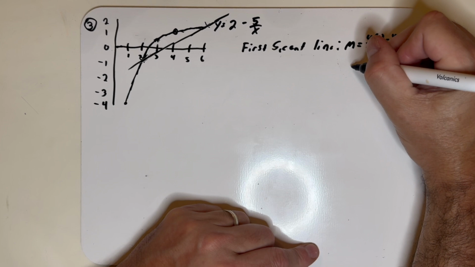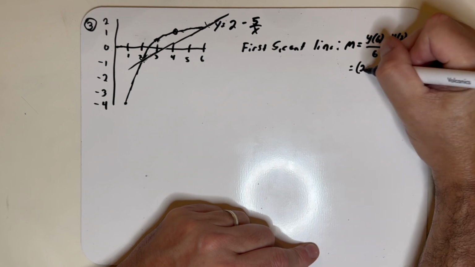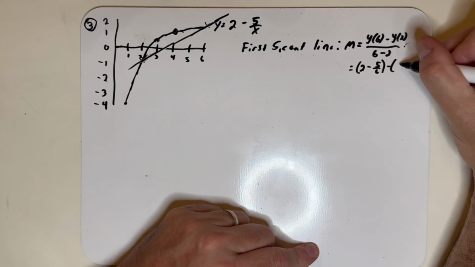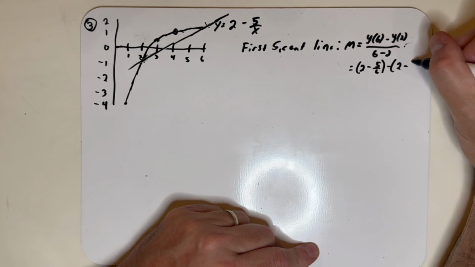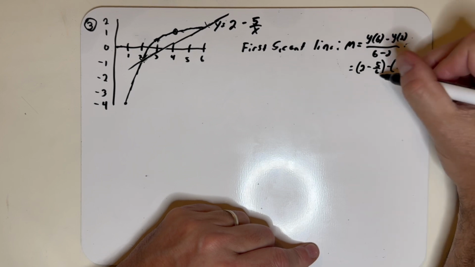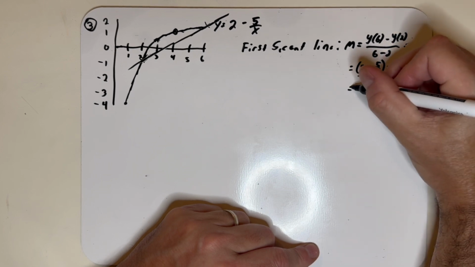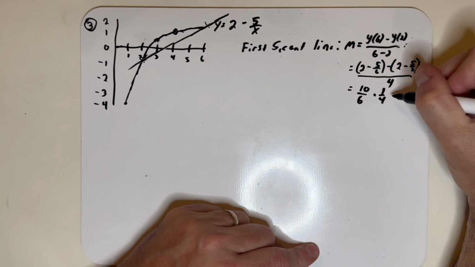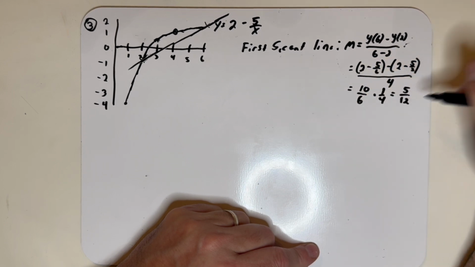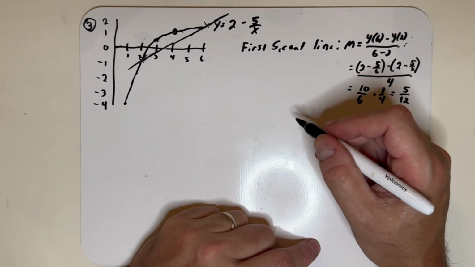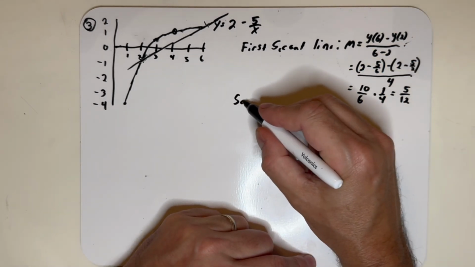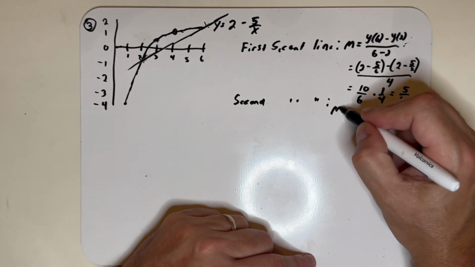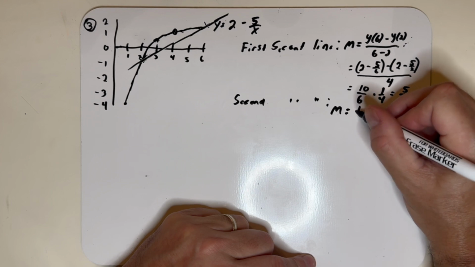That'll be equal to ((2 minus 5/6) minus (2 minus 5/2)) divided by 4, and that's going to be equal to 10/6 times 1/4, which equals 5/12. So there's the first secant line slope. I think you can use that as a template to get the second line, which will have a slope equal to 1/3.